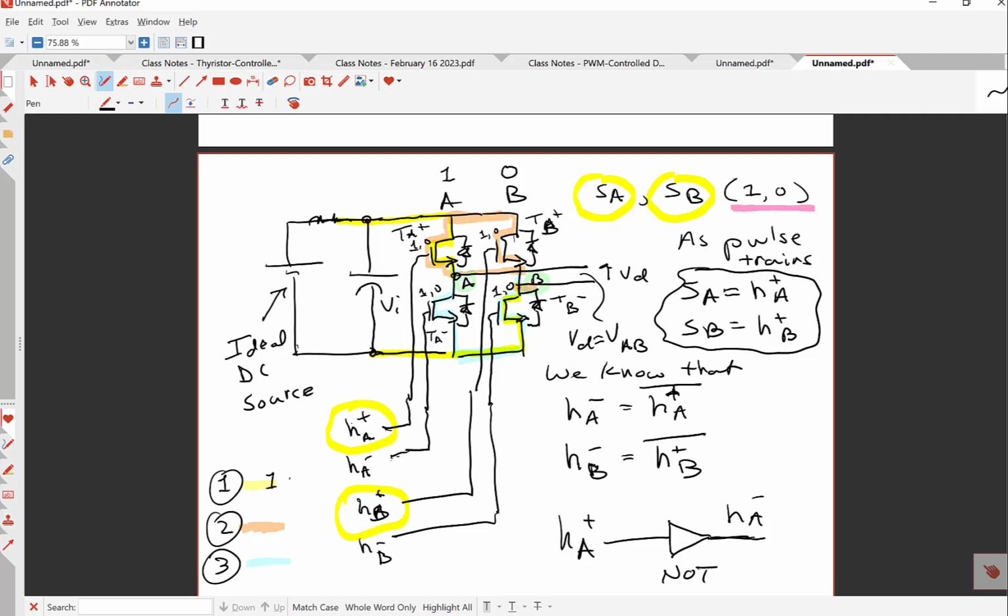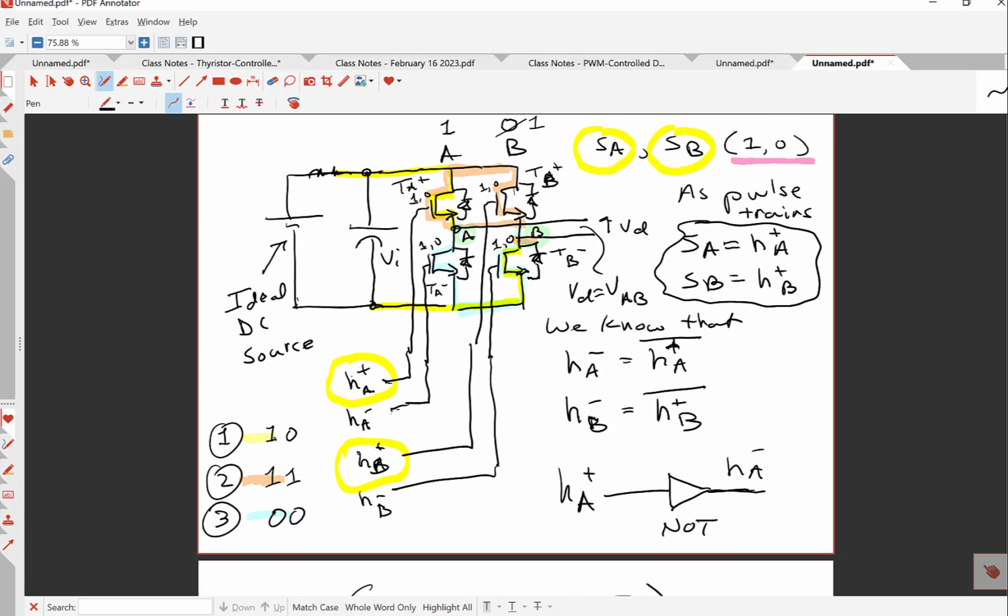State 2 is a 1, 1. State 3, well, we're actually going to go from 1 to 2, back to 1 again, and then we're going to go to 3, which is a 0, 0.